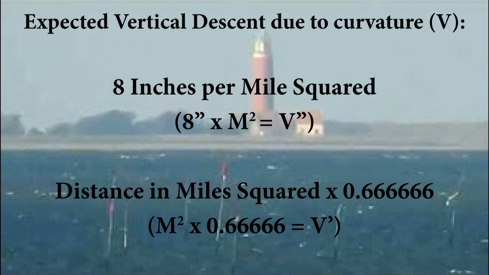Isn't that ironic? Globe Earth believers, as a rule, have absolutely no clue how to measure the Earth for curvature. They don't even know what expected curvature they should measure for, and if you ask any globe earther, they could really care less about measuring the Earth. It never even crossed their mind.